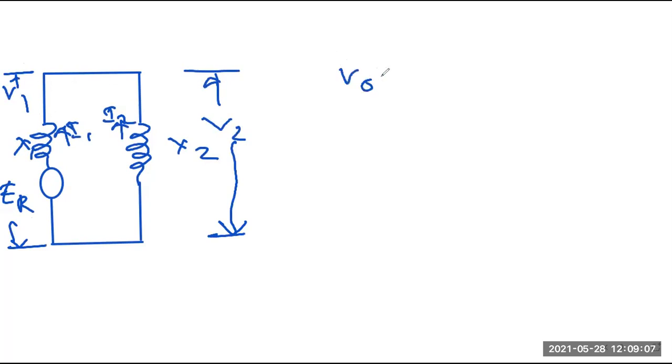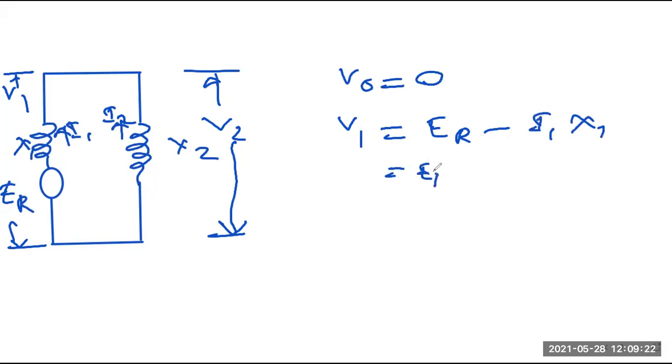V0 will be equal to 0. That is the zero sequence voltage. V1 will be equal to ER minus I1 into X1. I1 we have just calculated: ER by X1 plus X2, into X1.